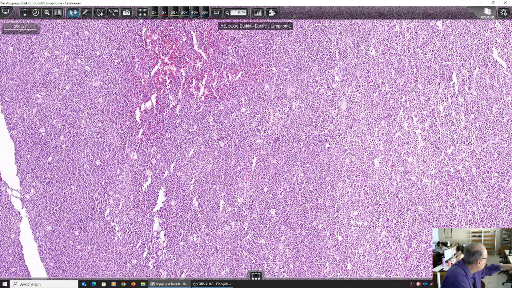They target highly proliferating cells, or they induce apoptosis in cells with high apoptotic potential, and they destroy themselves.